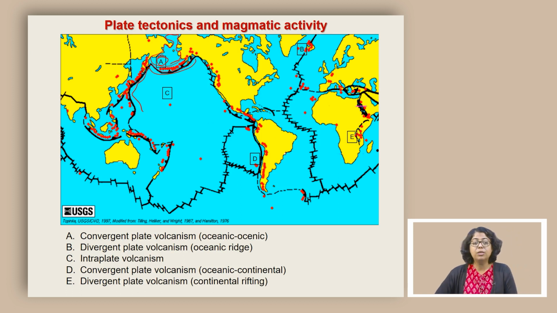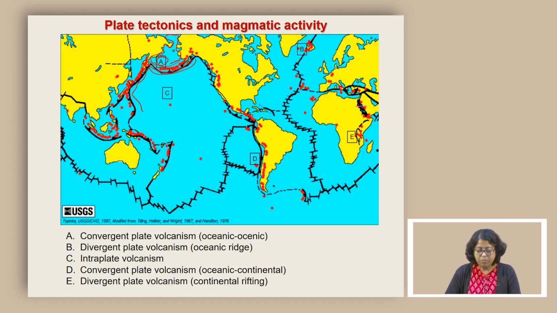It is also called the Pacific Ring of Fire because there is a continuous ring along which we have massive volcanism. So, this entire boundary where two oceanic plates are coming closer to each other, actually subducting one underneath, is going to give rise to this convergent plate volcanism.